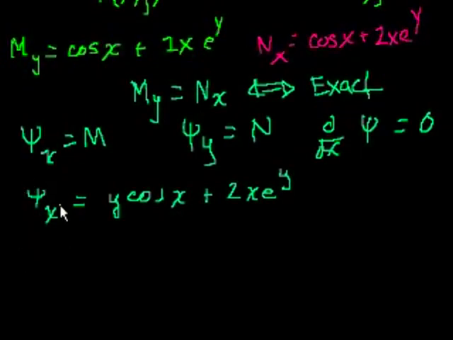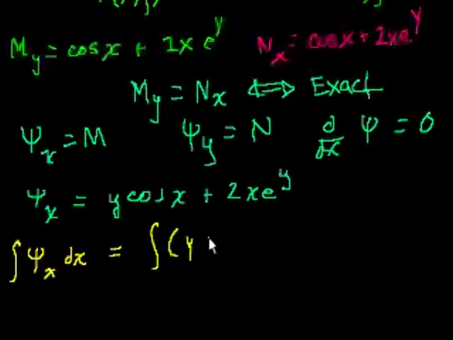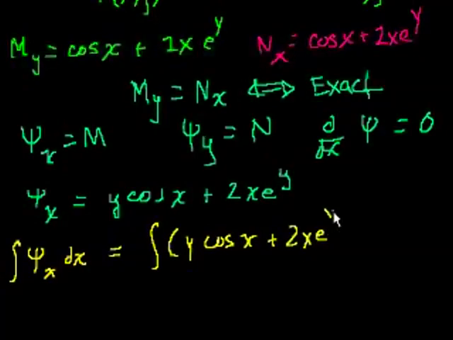So let me just write that down. The partial with respect to x, we're going to integrate with respect to x, that is going to be equal to the integral of this whole thing with respect to x, cosine of x plus 2x e to the y.